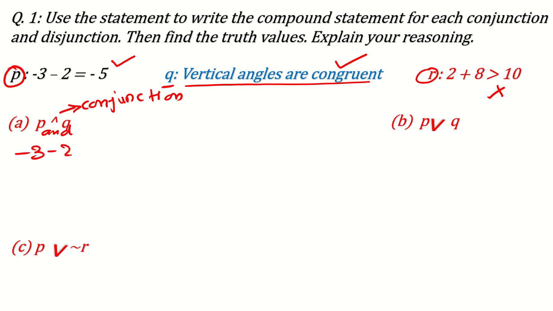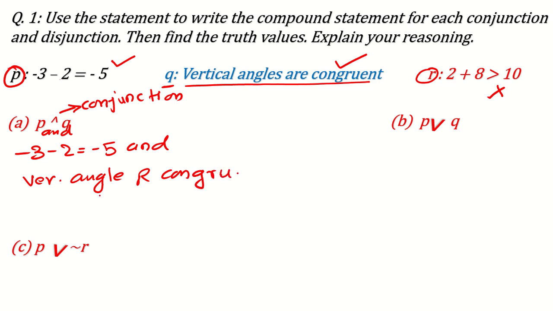Minus 3 minus 2 is equal to minus 5, and vertical angles are congruent. So do you think both statements are correct? Yes, I have told you. First one is correct and second is also correct. So what will be its truth value? Its truth value will be true.